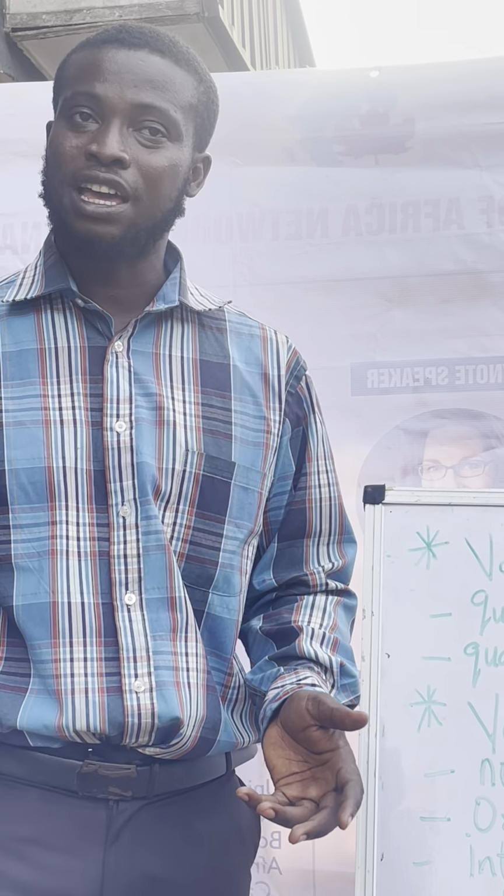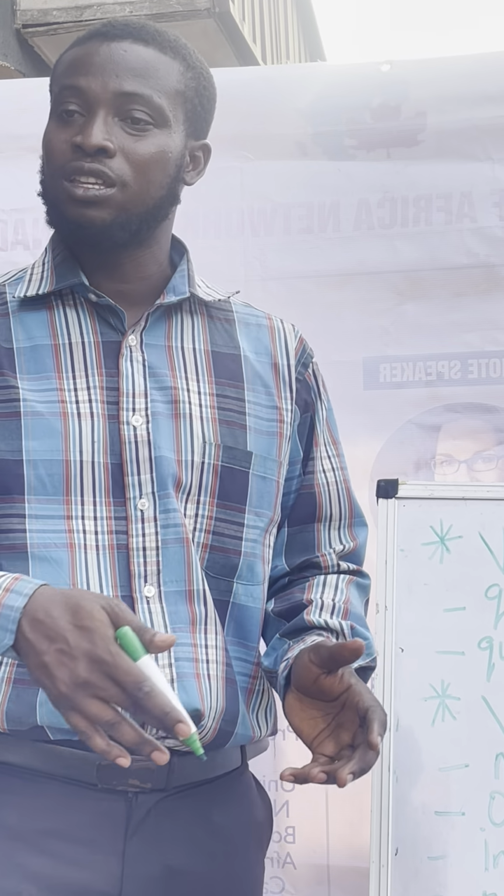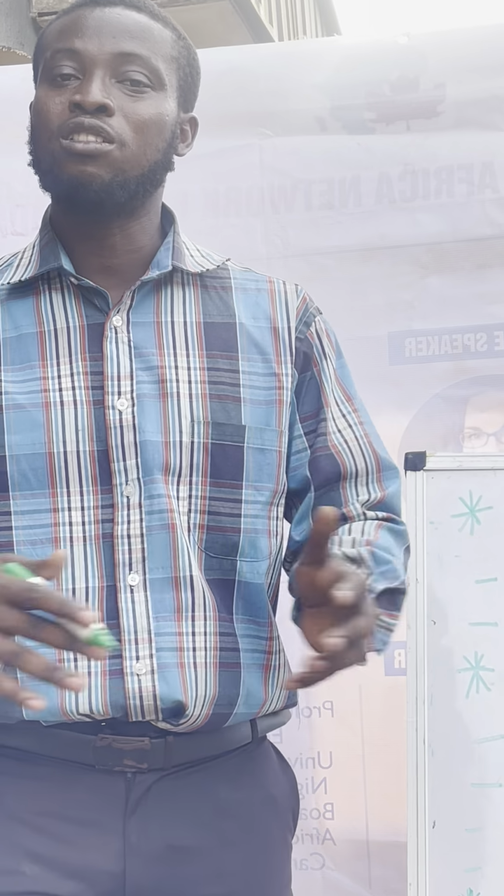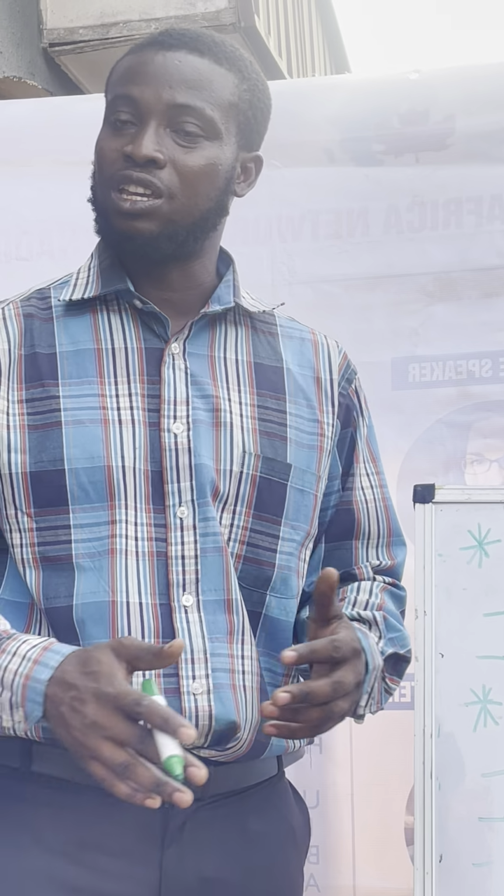We can also have other types of variables too. Some are also called mediating variables. A mediating variable is just a variable that is in between. It can show you how the independent variable relates, just to show how it relates in your study.